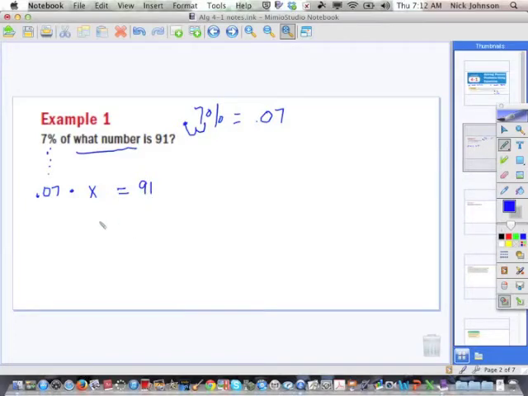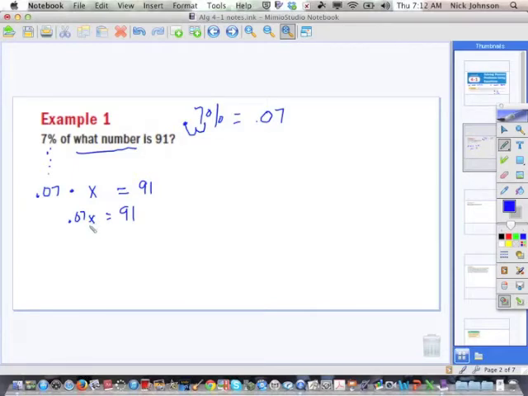So all I did was change the percentage to a decimal. Of means multiply. What number is my variable that I'm trying to find. Is means equals, and then 91. So 0.07 times x is just like saying 0.07x equals 91. Where's my variable? My variable's on the left side.